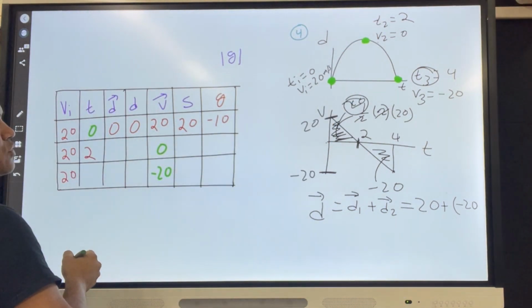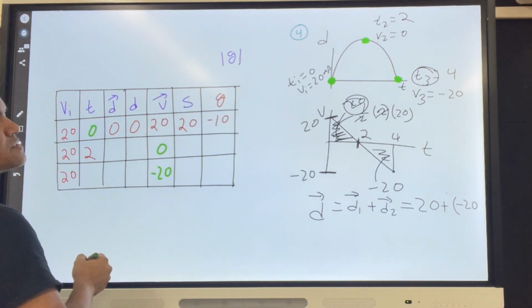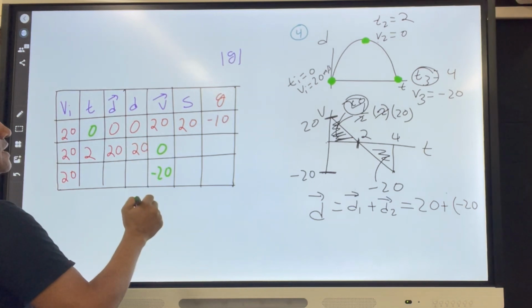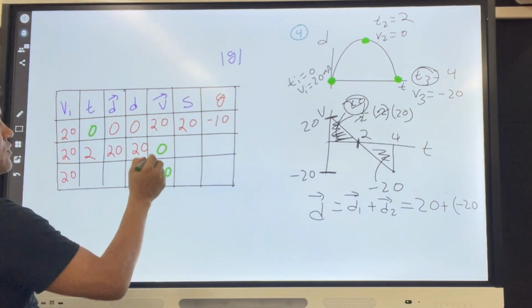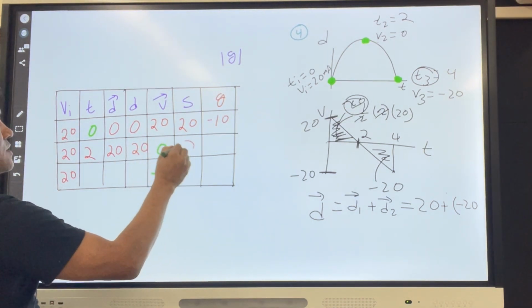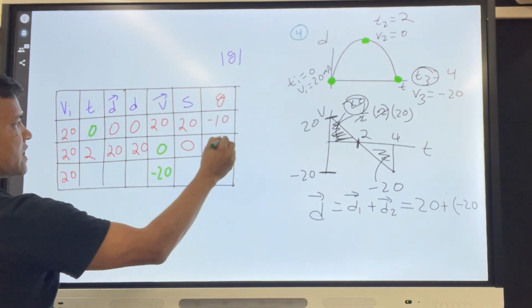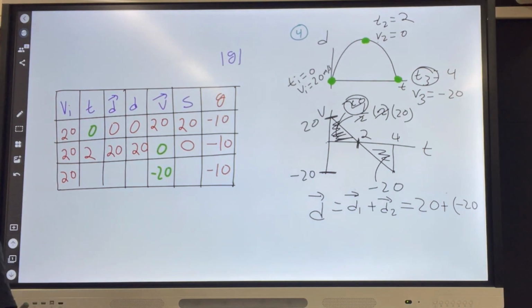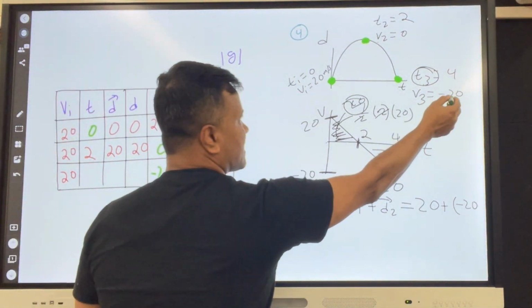Displacement, we already found: the displacement is 20, distance is 20. Speed is the absolute value of velocity, so the speed is 0. Acceleration is negative 10. The time when velocity is negative 20 is 4.